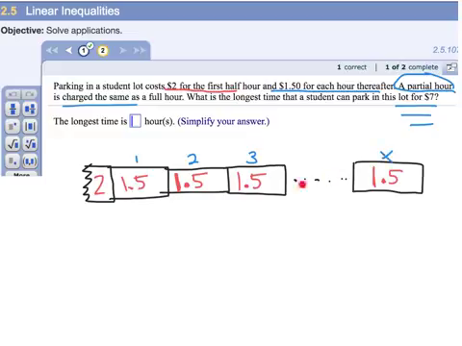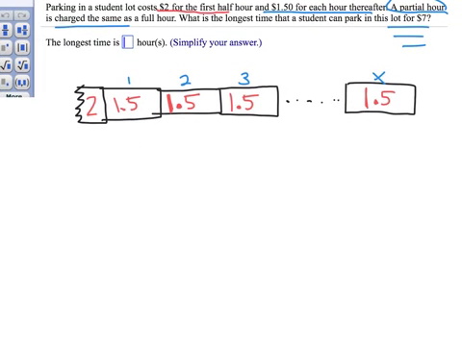So it's going to be $1.50 times x plus our extra $2 at the very beginning, and we need this amount to be less than or equal to $7.